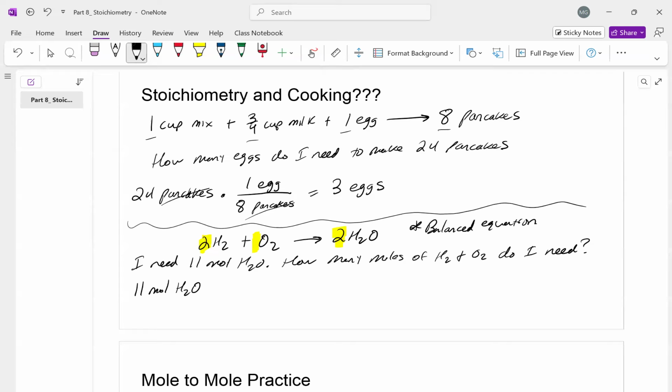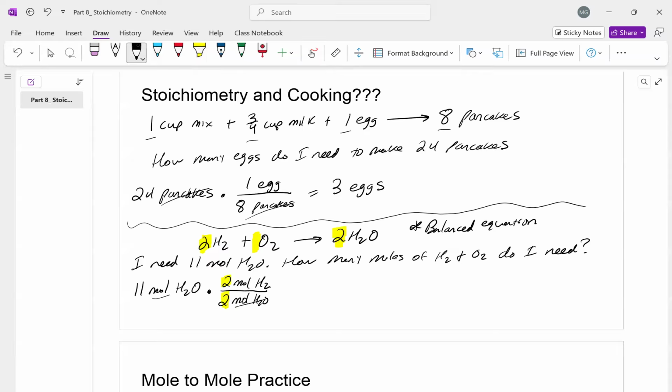We need to make 11 moles of water. So how much hydrogen is that going to require? Well, the conversion factor says 2 moles of water comes from 2 moles of hydrogen. Again, where am I getting these twos from? The balanced equation.